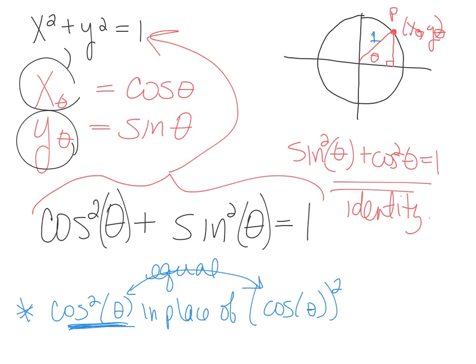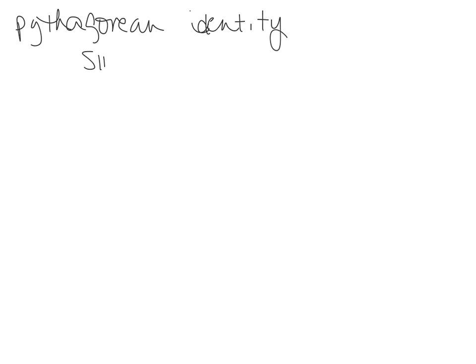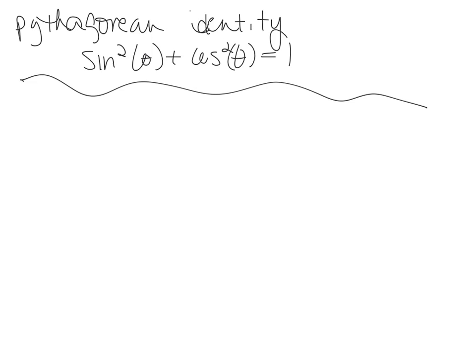That's an identity. All right, so we just did the Pythagorean identity, which was sine squared theta plus cosine squared theta equals 1. Put that one in your back pocket.